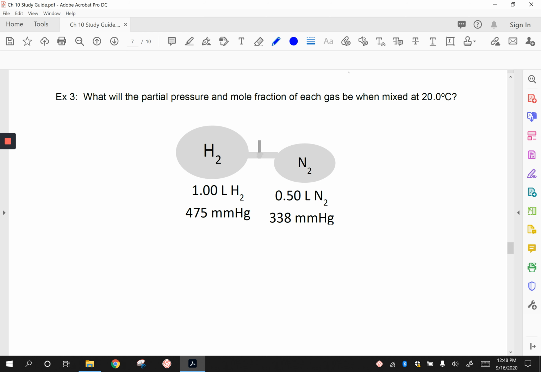So I could do P of H2 is the mole fraction of H2 times the total, and I could do the same thing for N2. So let's do that. We're going to start with the moles of each, and we're going to get that from PV equals nRT. So I'm going to do PV equals nRT for hydrogen.